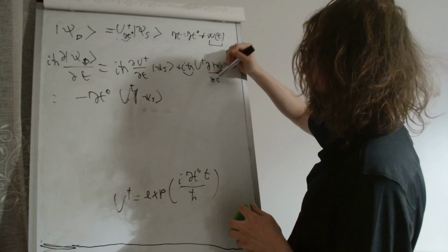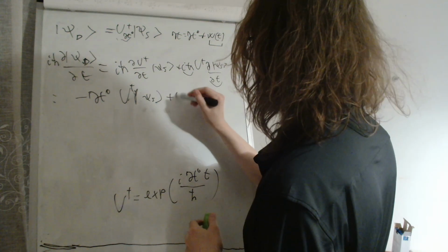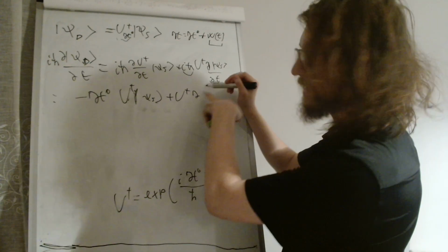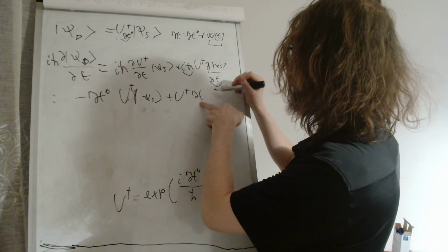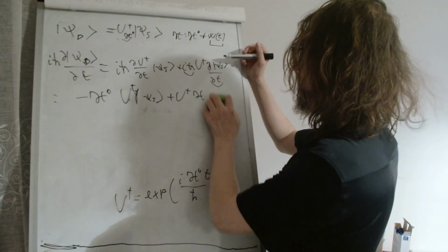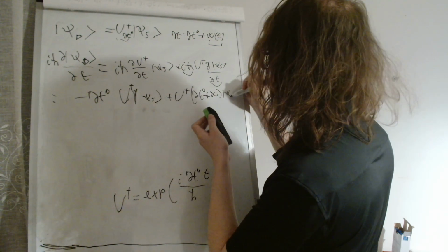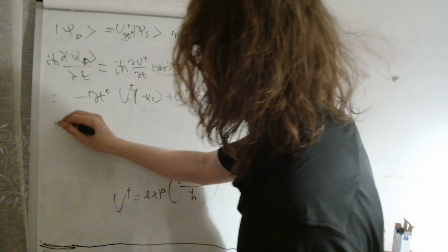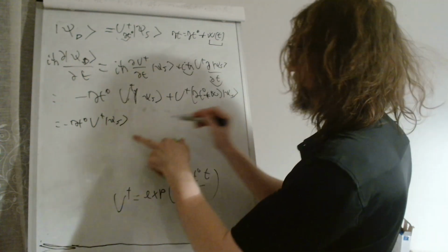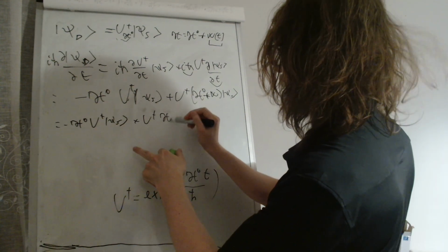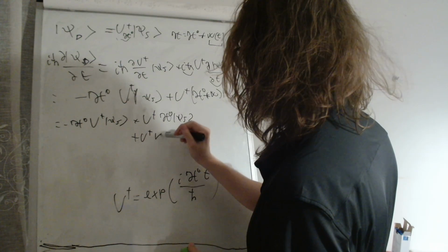Now I use the Schroedinger equation to transform this term, so plus U dagger times the right hand side of the Schroedinger equation for psi_S, and I get H psi_S, but H I write like H0 plus W, so we have minus H0 U dagger psi_S plus U dagger H0 psi_S plus U dagger W psi_S.